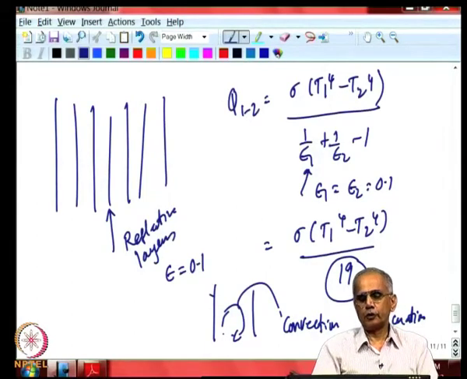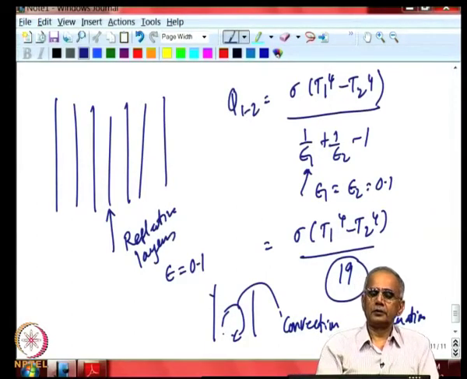In space, of course, there is vacuum. So, there is no other mode other than radiation. So, it works very, very well, but on the ground also you can use it effectively, provided you can find some other ways to suppress convection.